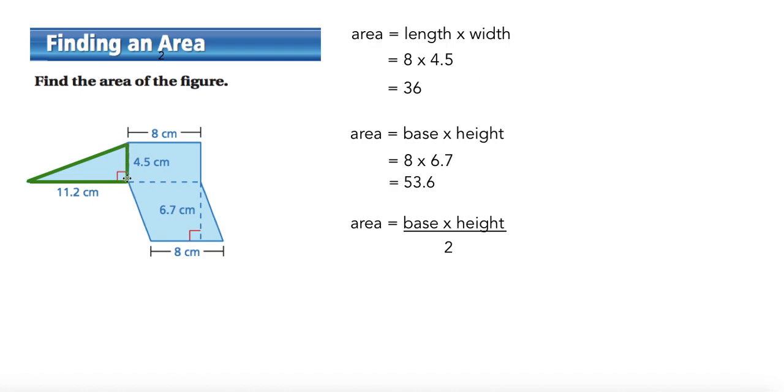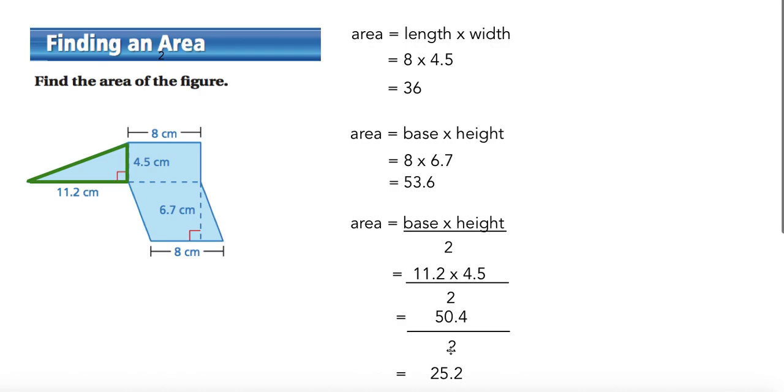So let's go ahead and put that in our problem. 11.2 times 4.5 divided by 2. I'm going to rewrite this. 11.2 times 4.5 is equal to 50.4, and it's going to all be divided by 2. 50.4 divided by 2 is equal to 25.2.